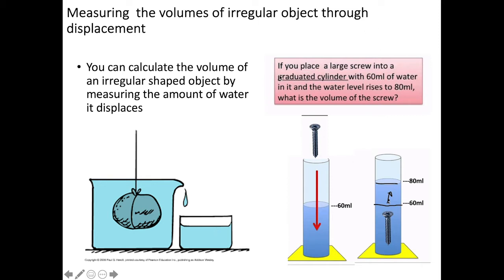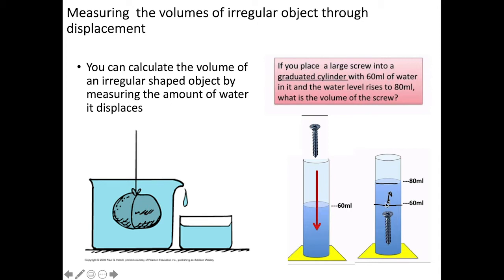Another quick example: if you place a large screw into a graduated cylinder with 60 milliliters of water and the water level rises to 80, what is the volume of the screw? So the screw, again, we can't measure it, so we drop it into the graduated cylinder and the water is going to rise to 80 milliliters.